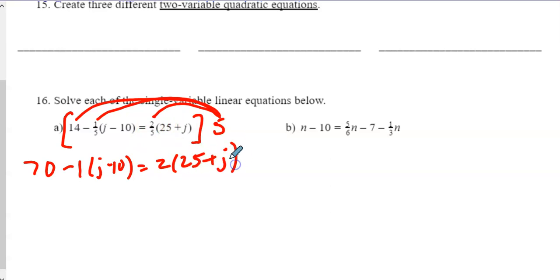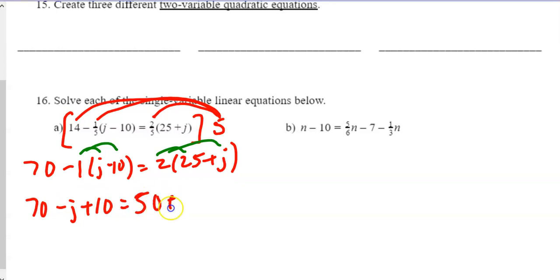Now I have integers, which is much easier to actually work with, so I can go ahead and distribute through, and I can start solving this equation. So I bring through the negative, bring through the 2, and combine like terms of the 10 and 70, so I get 80 minus j equals 50 plus 2j.